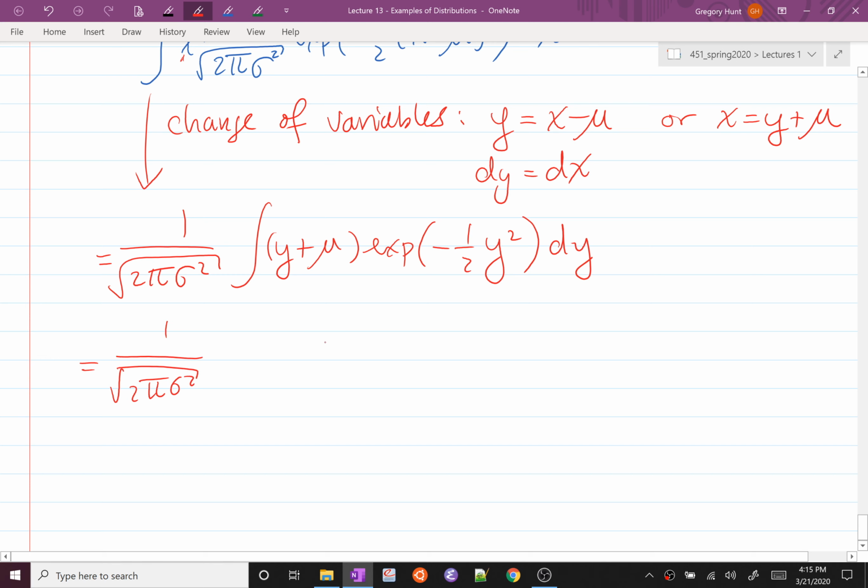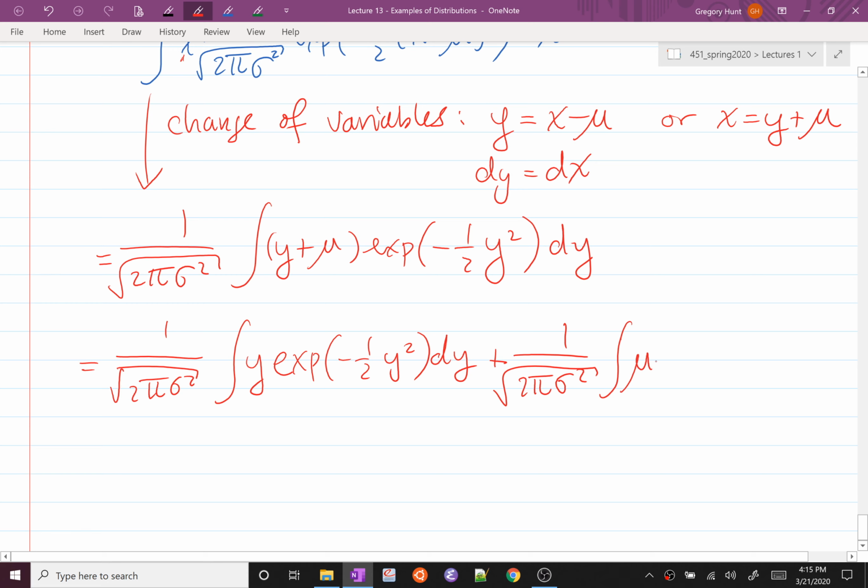But I can break up this integral by distributing my integral across my summation. So we're going to get one integral, y times exponential negative 1/2 y squared dy. And we're going to get a second integral, with my constant out front, which is the integral of mu times this thing.